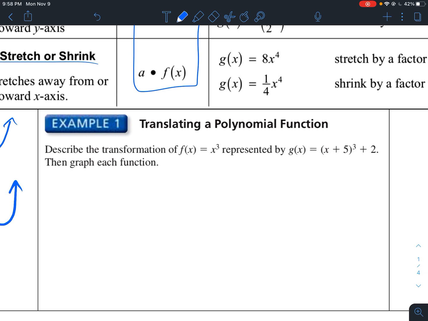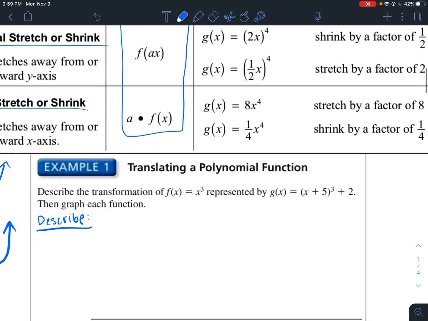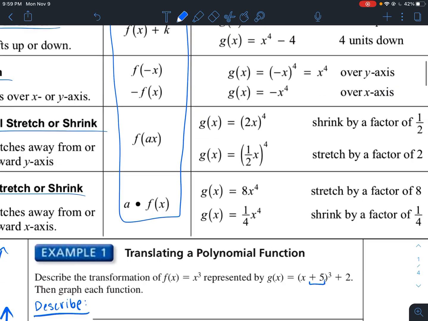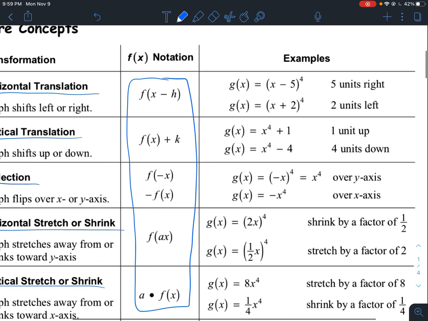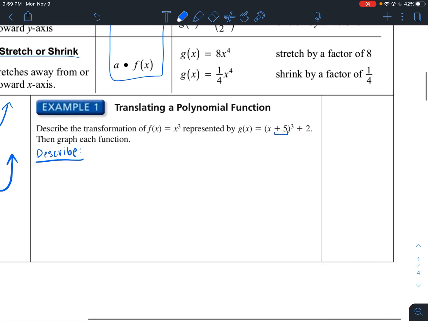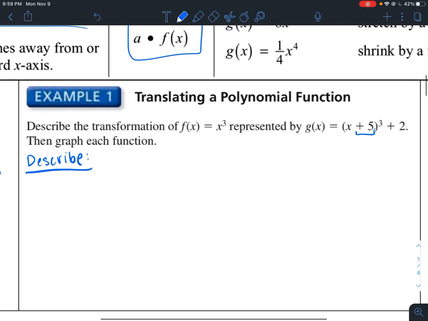So if we were to describe, we would just use the same exact notation and same exact logic that we would for a quadratic. So if we have plus 5 right inside here, well then if it's plus 5, that means you're going to move to the left 5 units. So we're shifting. So there's going to be a horizontal shift, left 5 units.